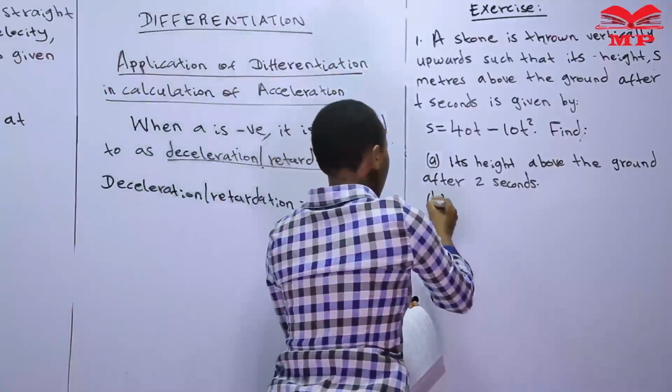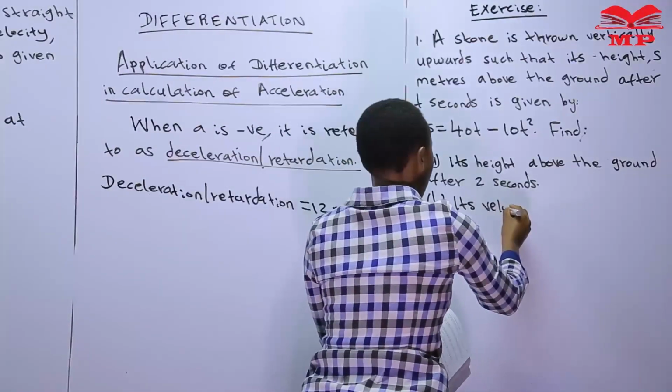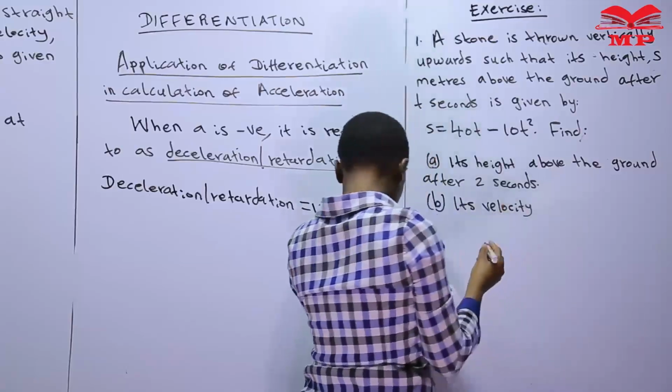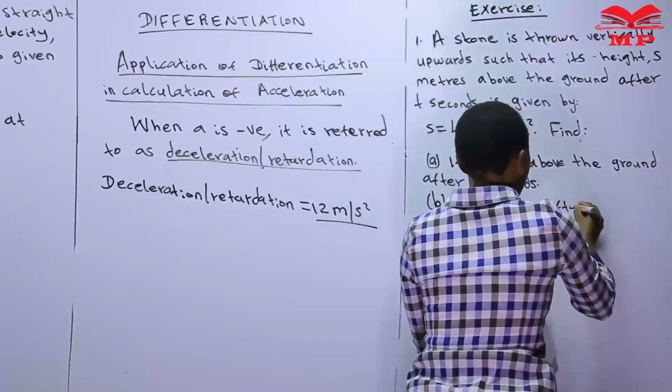Then part B, its velocity. You calculate its velocity after 1 second.